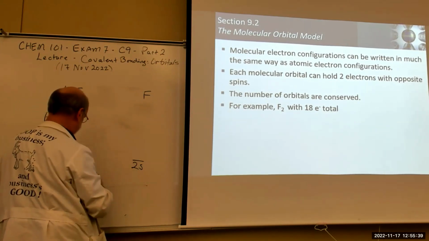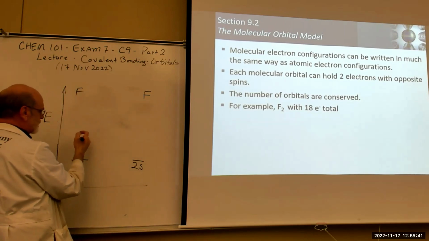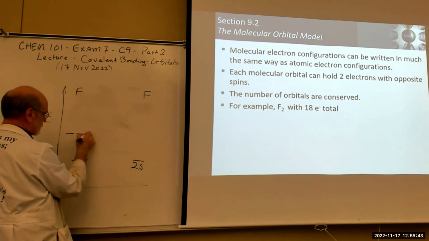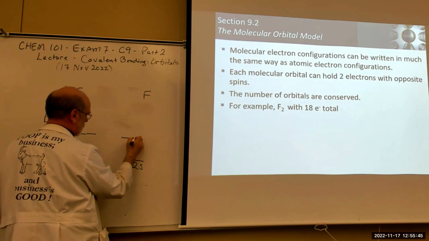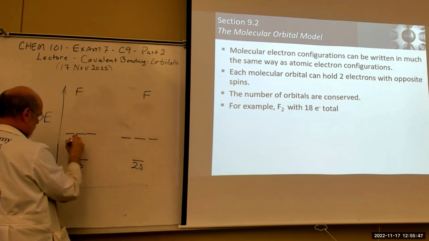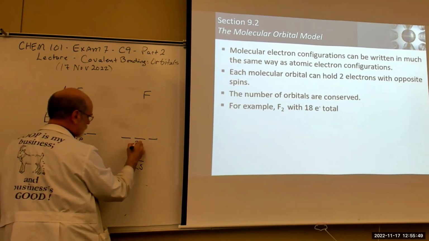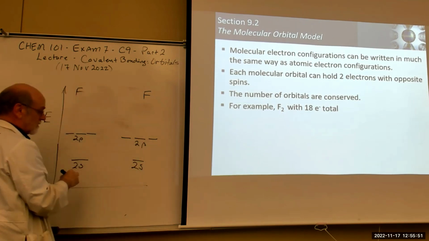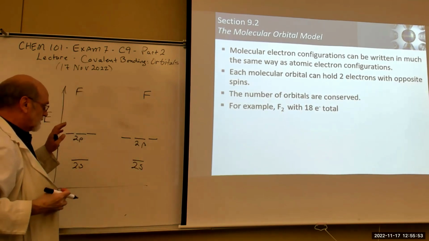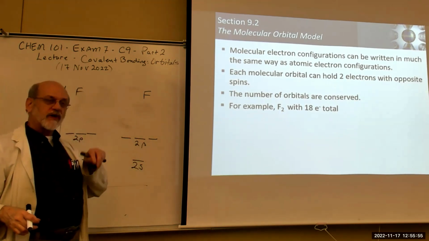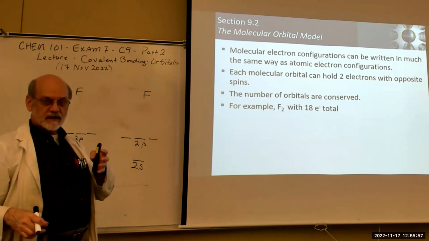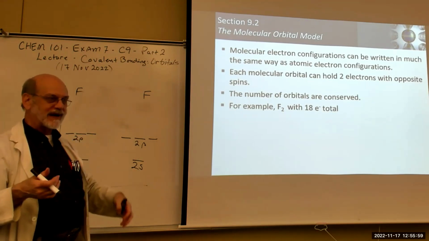Okay. And then we have p's. We have 3 p's here, 2p and 2p. Right? So these are fairly well behaved. When both atoms are the same element, they're fairly well behaved in the way they combine.